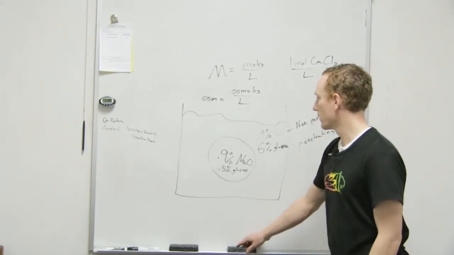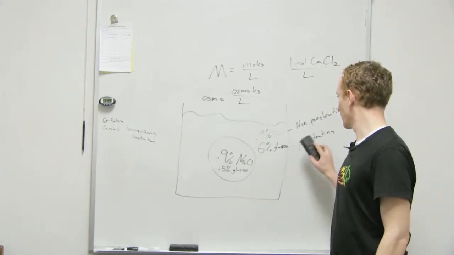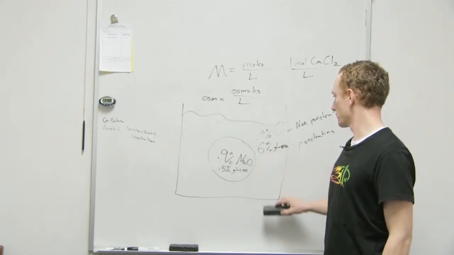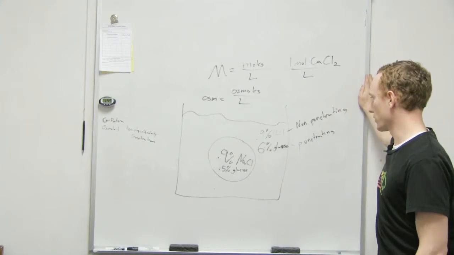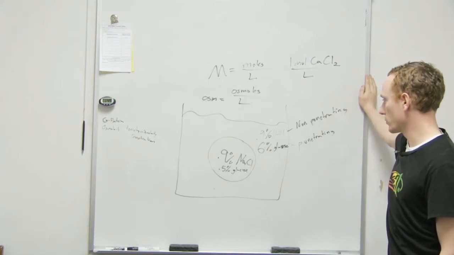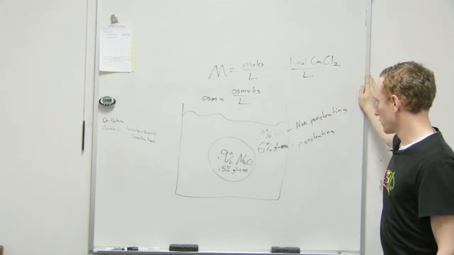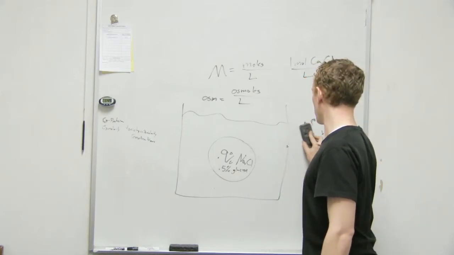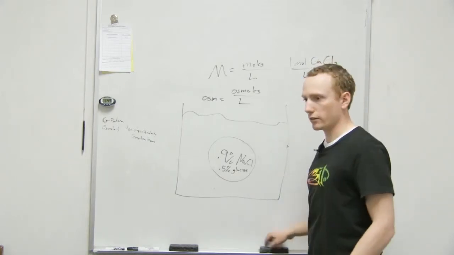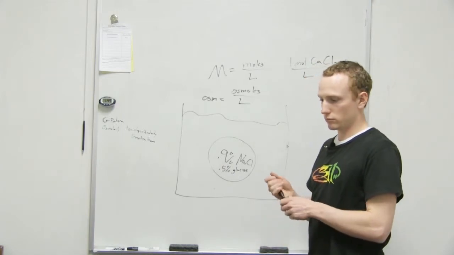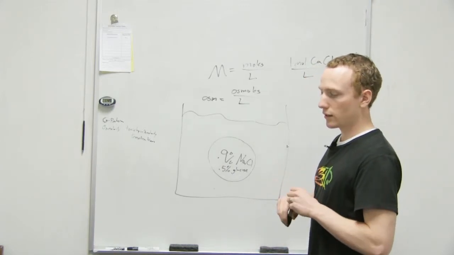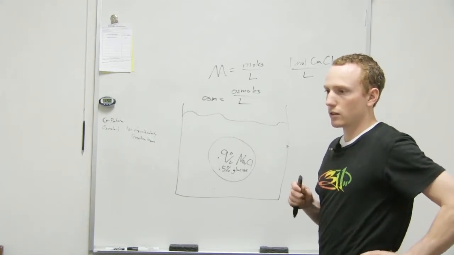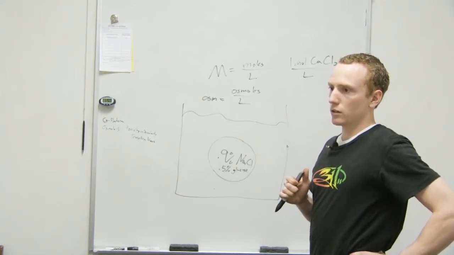It's like a test question. I'm trying to think of another way to say it. So these are the values that I've given you for the cell. Basically isosmotic, hyperosmotic, and hyposmotic describe the osmotic pressure that's going on inside.